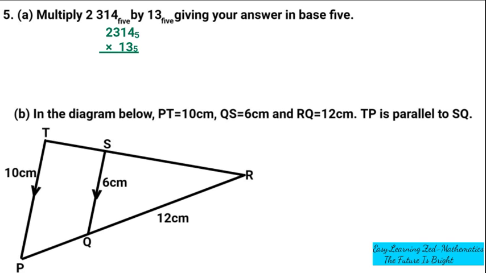It will go 2 times, so I'm going to write 2 on top of the 1 there, which is the number of times 5 can go into 12. Then remainder 2. I'm going to write it down here as an answer. Then 3 multiplied by 1 will give us 3, plus 2, which will be 5. 5 into 5 goes 1 time, and I'll put the 1 on top of the 3 there.